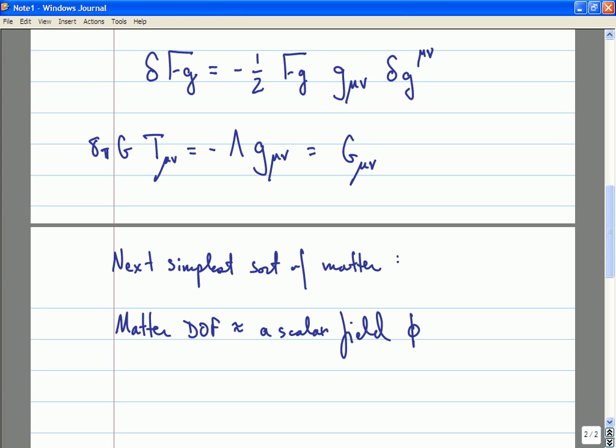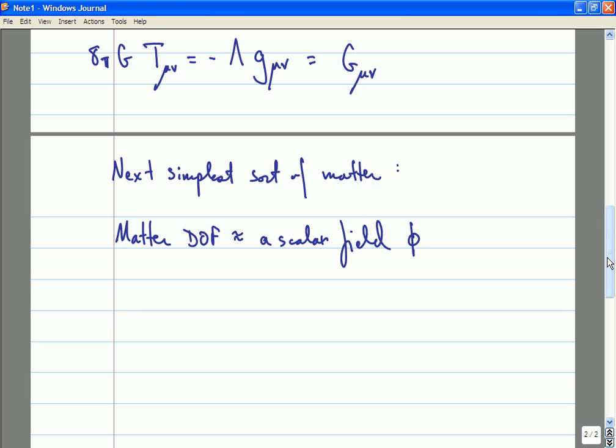So our matter action will be a function of the metric as well as the scalar degree of freedom phi.